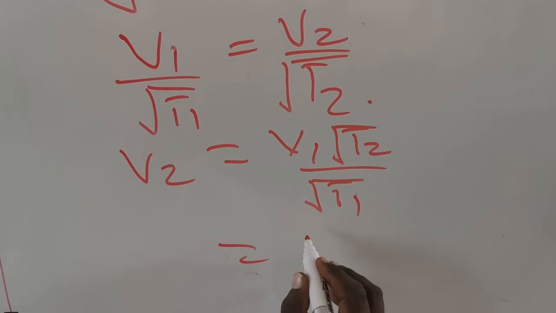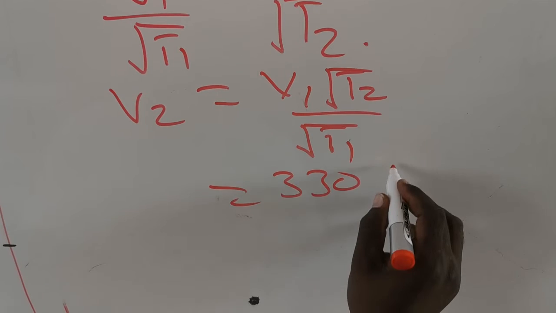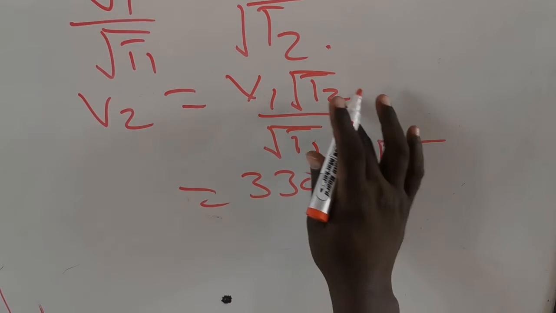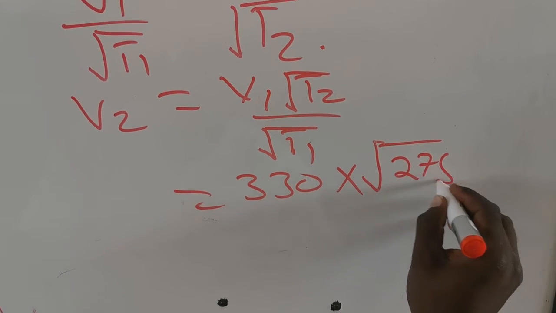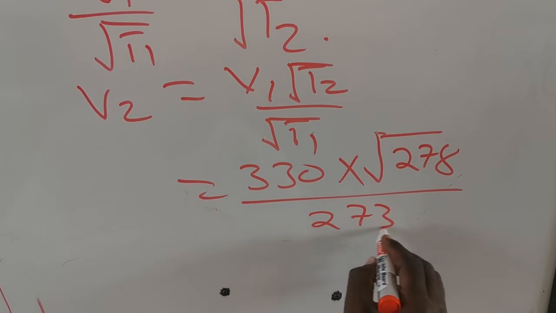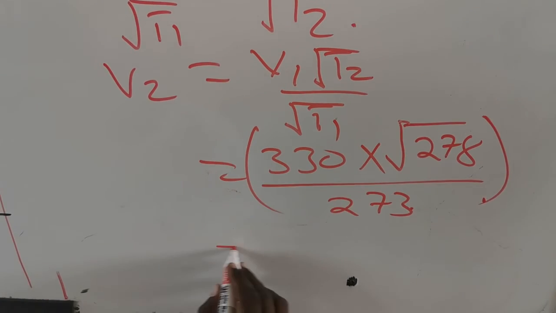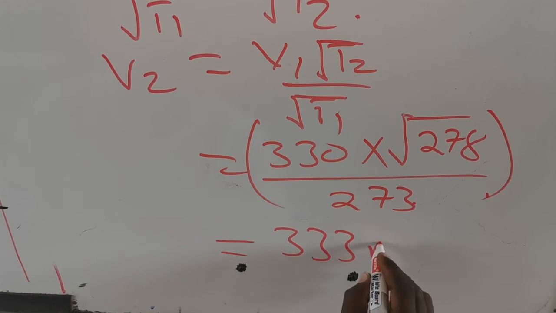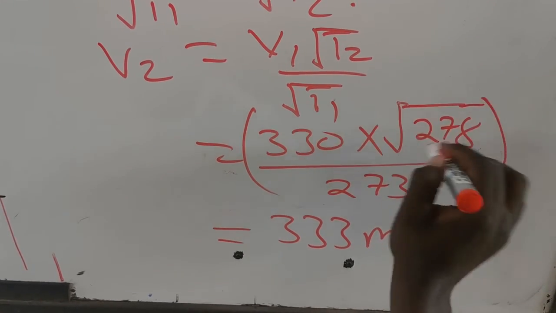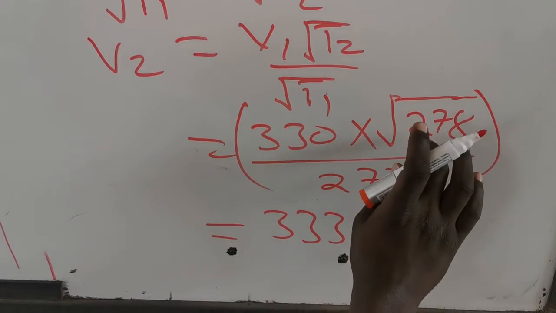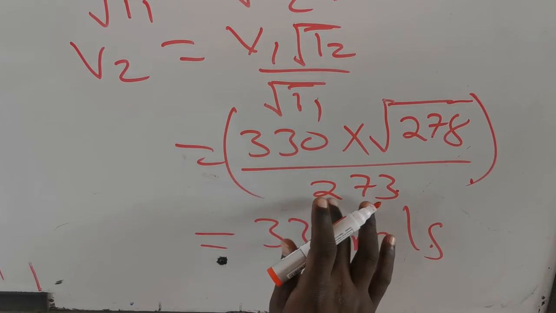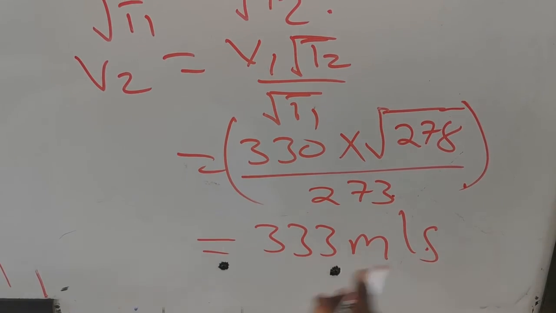Where V1 is 330 multiplied by under root of T2, which is 278, divided by 273, and our answer is 333 meter per second. Divide hii mwanafunzi wangu, zidisha hapa, unaweza kuisoma katika mathematical table, utapata the product of 278 utamultiply na 330 over 273 and the answer is 333 meter per second.